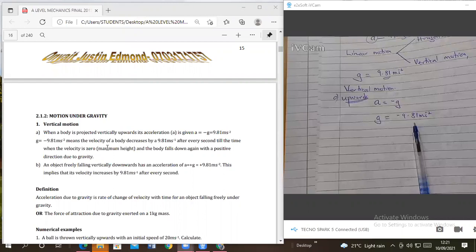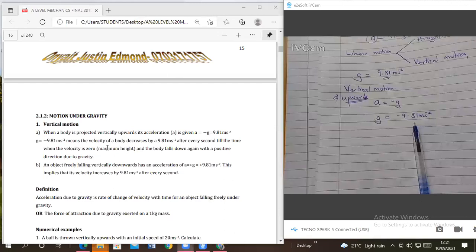That's why when you throw a body up, take for example, a ball or a stone, the speed is decreasing by 9.81 meters per second in every second, until the speed reduces to 0, when that body is at maximum height.